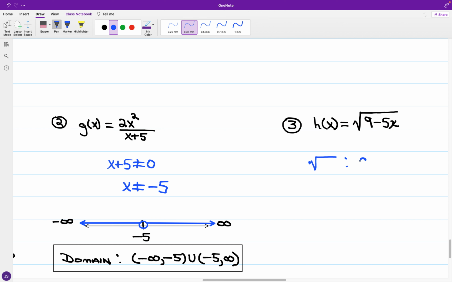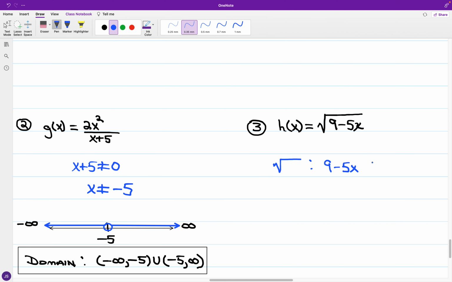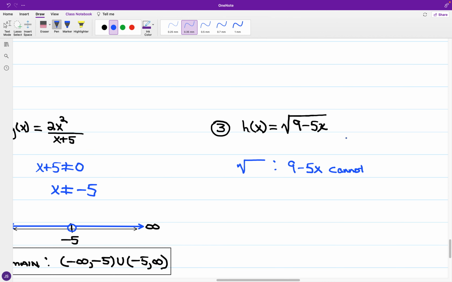So in this case, because we have the square root, 9 minus 5x cannot be negative. Now it can be 0 since I have the radical in direct terms, but if I had 1 over the square root of 9 minus 5x, it would have also imposed that it could not be 0. But it can be 0 or positive.